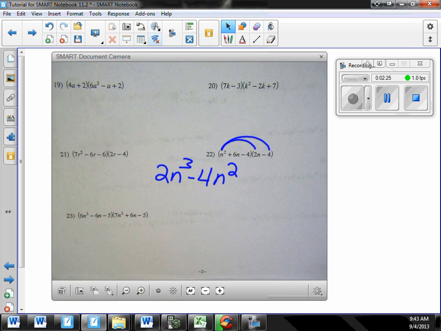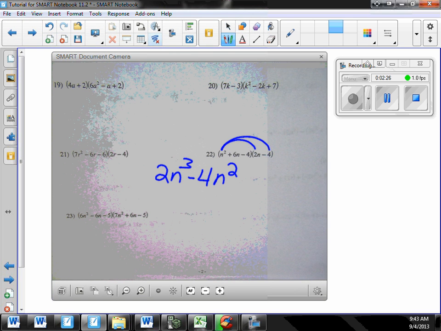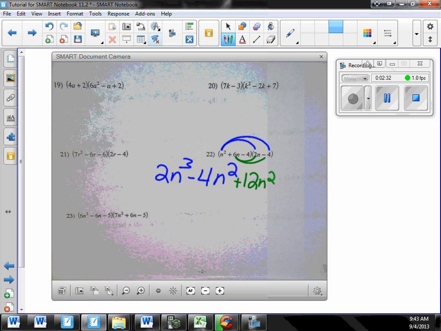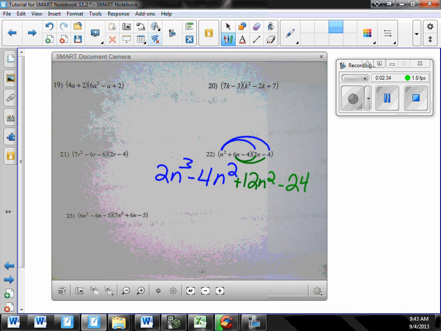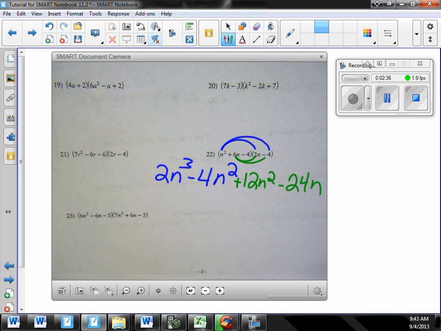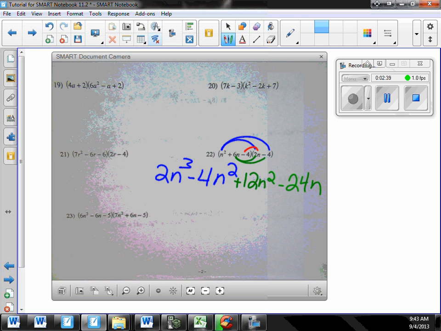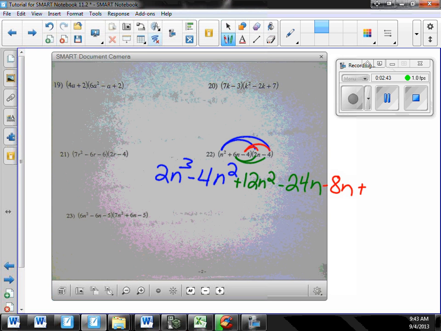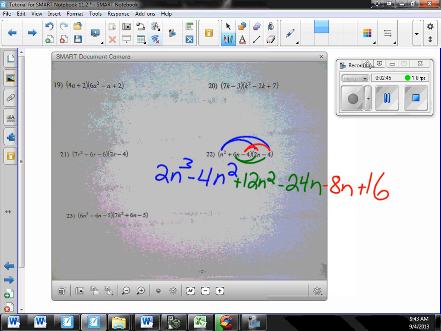Now I move on to the second term of the trinomial, plus 12n squared. 6n and negative 4 is negative 24n. Then I move on to the last term in the trinomial, minus 8n plus 16. Do I have any like terms?